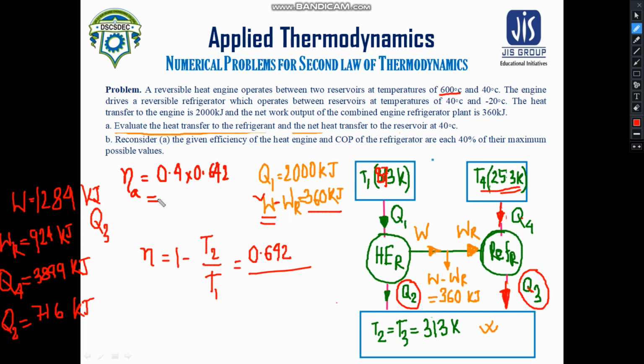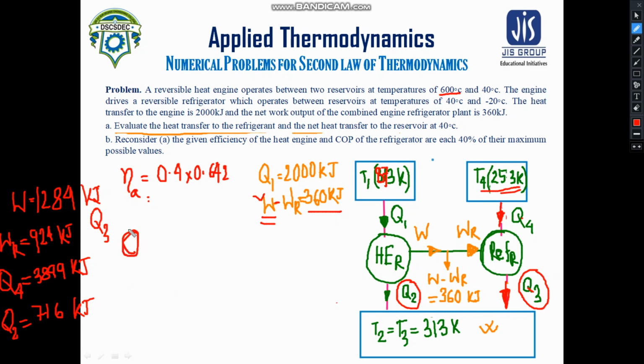Let us keep it like this. So with this, what will be the change in work done by the heat engine? Previously W was found as 1284. Now you can again relate the same formula.